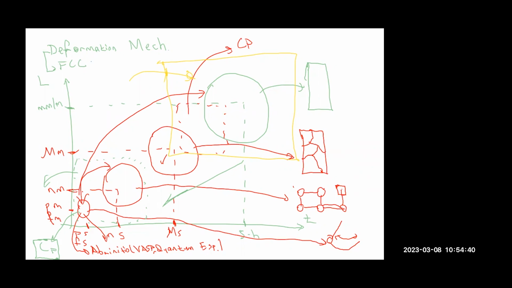Basically, FCC material deforms via phonon scattering. That is why at low stresses, we suddenly activate the dislocations for FCC material.